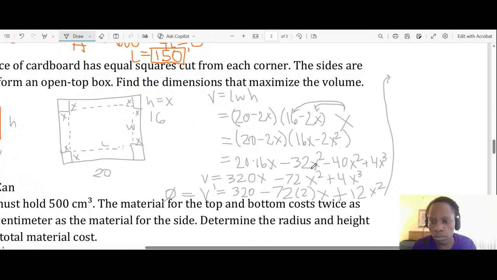Could have taken a 4 out. If we take a 4, we get 80 minus 36. Or is it 32? Let's see. 36, 18.